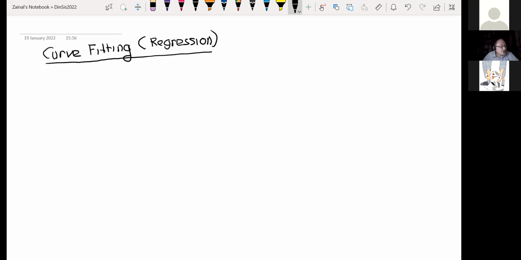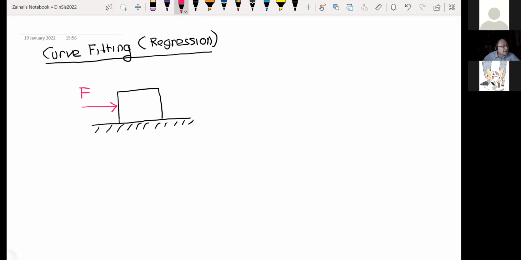Okay, I give you a simple example, a simple practical example. For example, we have a mass here. We have a mass and we will apply force.